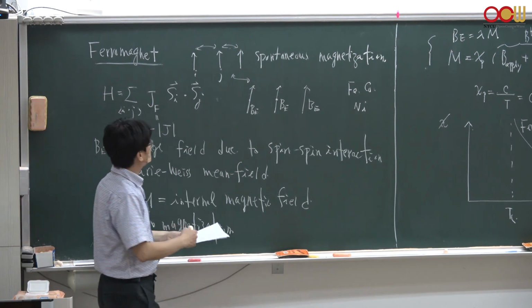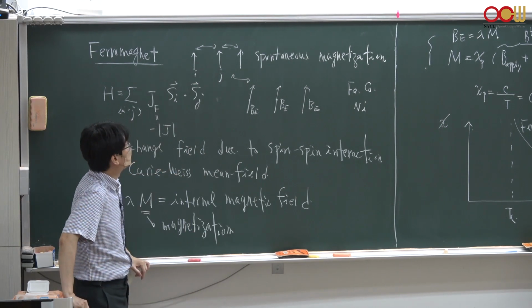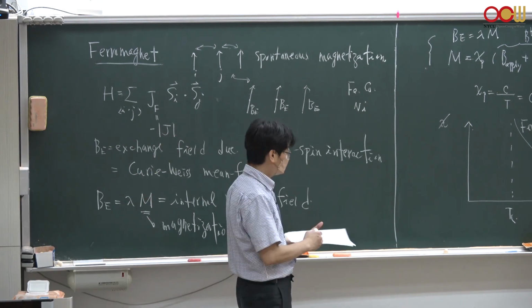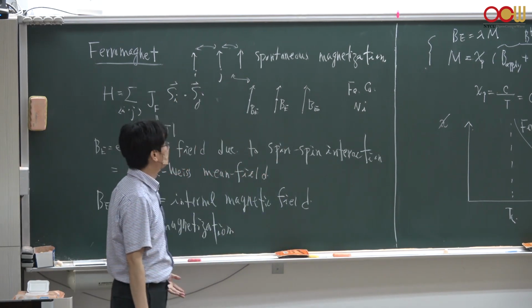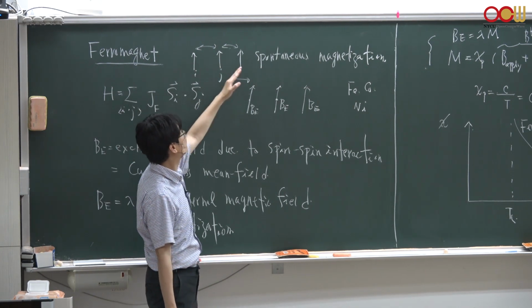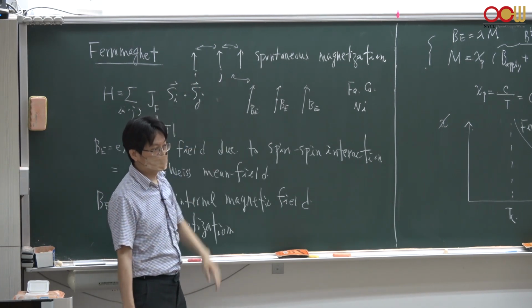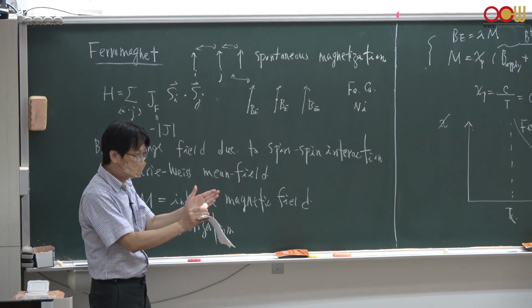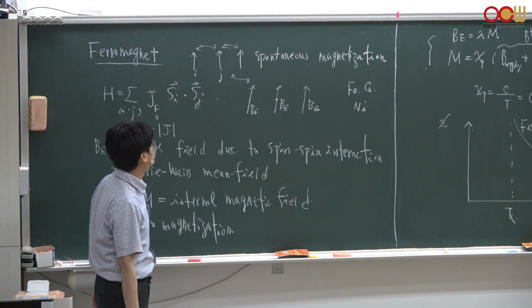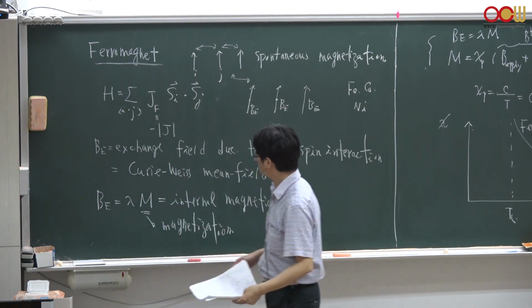So each site, you can imagine, can attach a spin moment there with either spin up or spin down, or even greater than spin 1/2 spin moment. But those spin moments are coupled together in the ferromagnetic way, so that those spin moments are perfectly aligned to each other in the low temperature limit, because they have such spin-spin interactions.